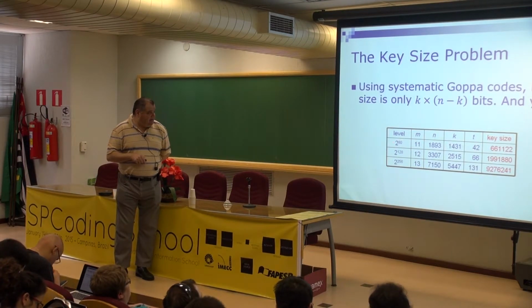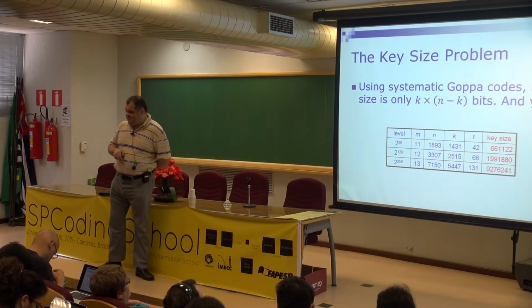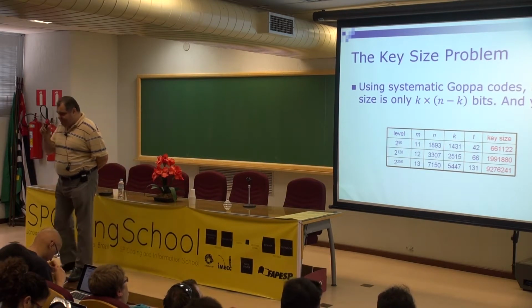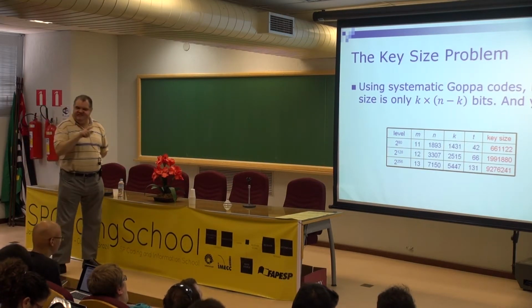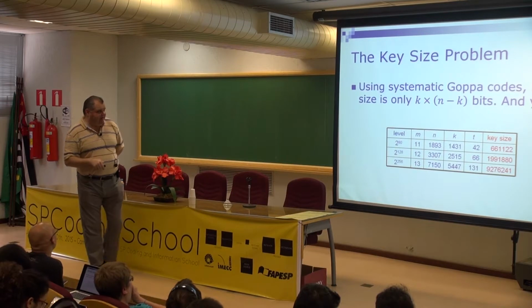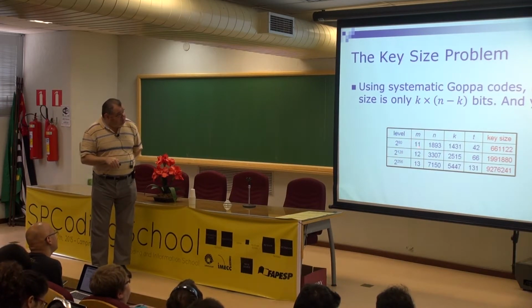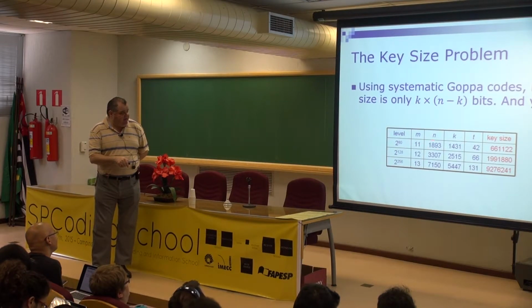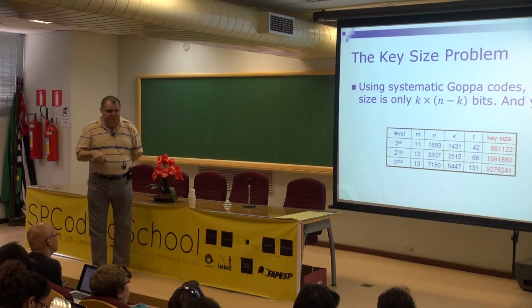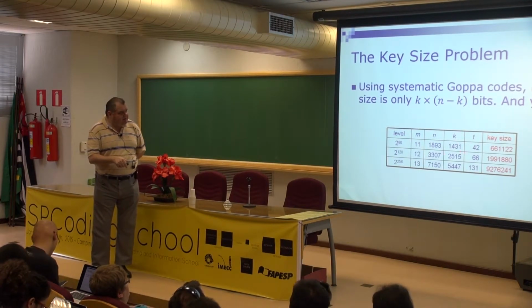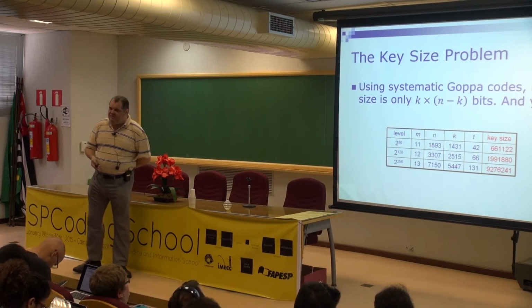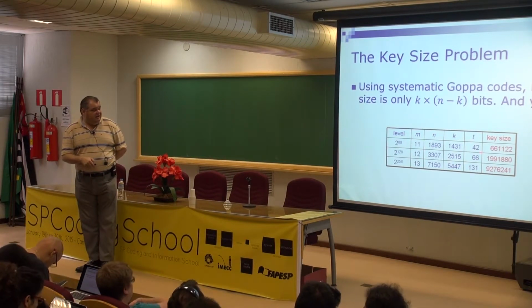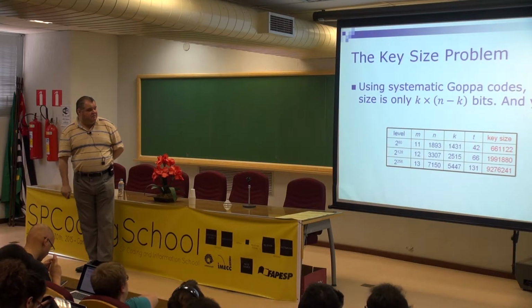Suppose we need to satisfy a 2 to the 80-bit security level. So we could pick m equal to 11, the code length slightly below 2000, k is about 1400, and introduce 42 errors.